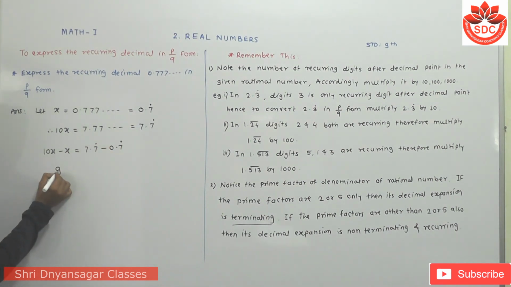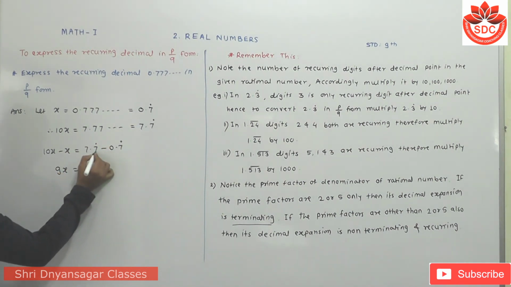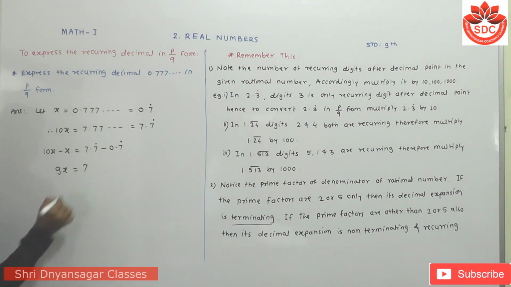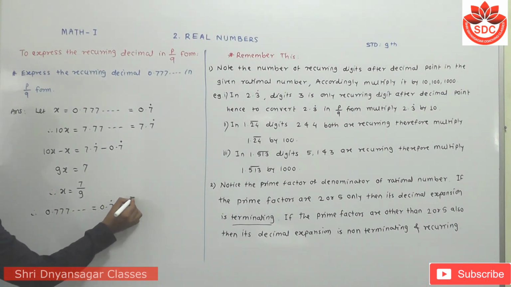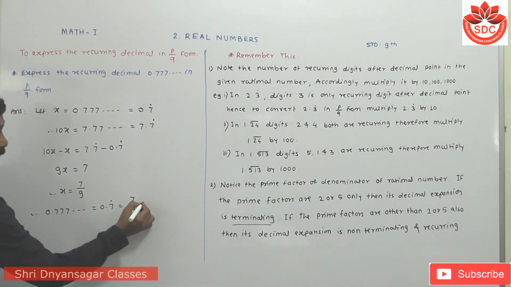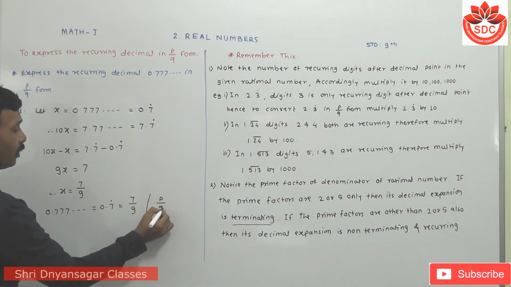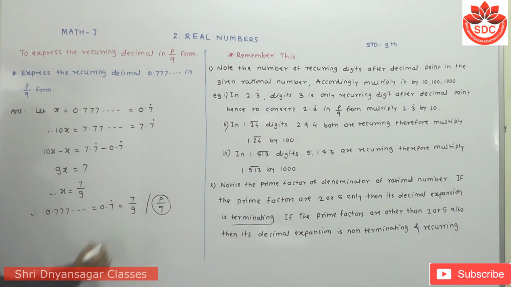When we subtract, it becomes 9x equals 7, as the bar gets cancelled. So x equals 7/9. The answer is 0.777... equals 0.7 bar equals 7/9, which is in the form p/q where q is not equal to 0.